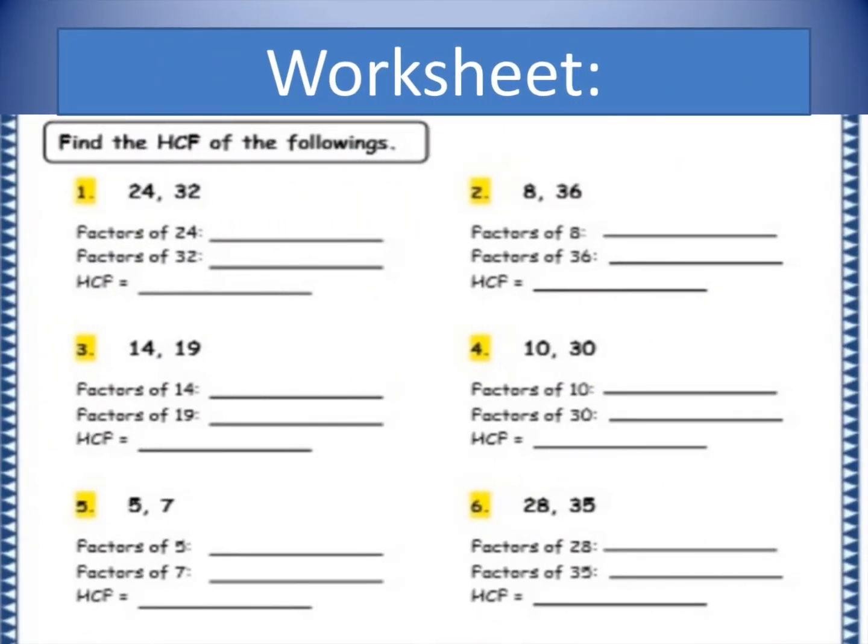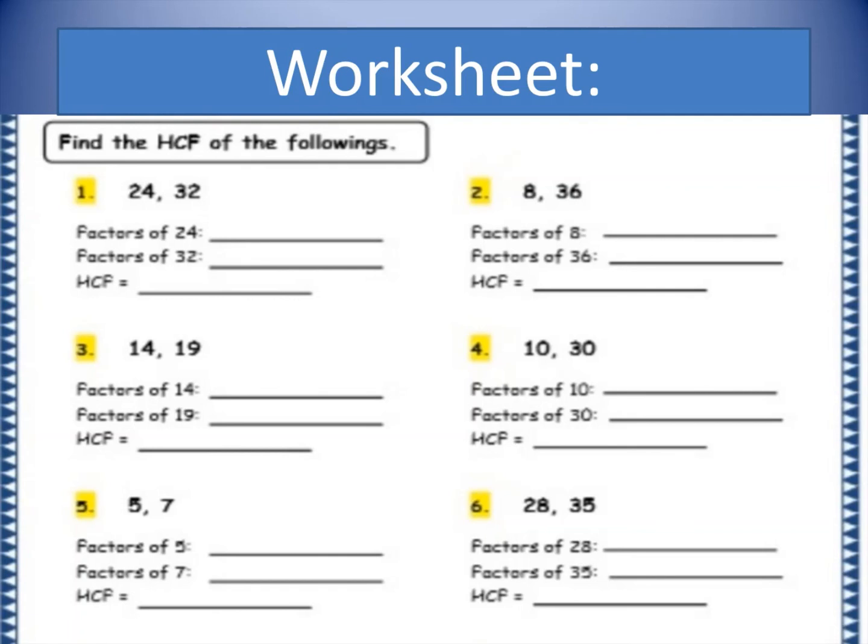Here is again one worksheet. You have to find the HCF of the following. For HCF, there are two numbers given. Firstly, you have to find out the factors of one number given to you. Then after, the factors of the other number. Then you have to circle all the common factors given in both the lists.